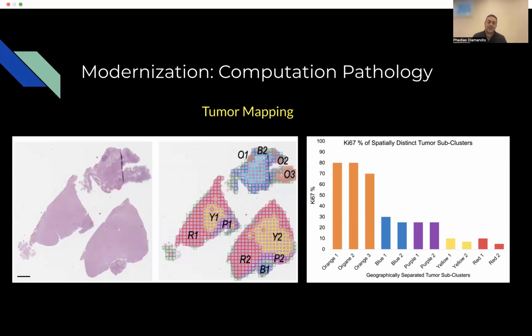One last application that I'll mention, which we will talk about in more detail in a future lecture, is this concept of tumor mapping, and being able to find subclones within a tumor that may have different biology. So here we have these 3 sections.